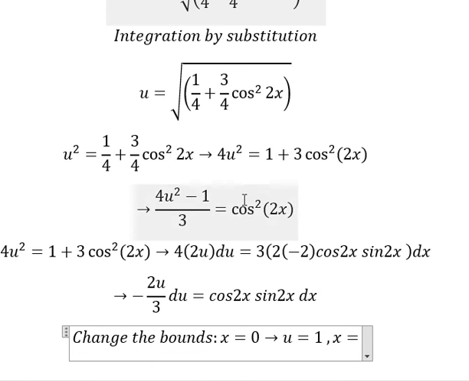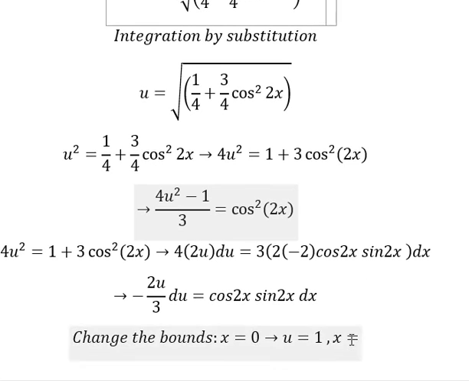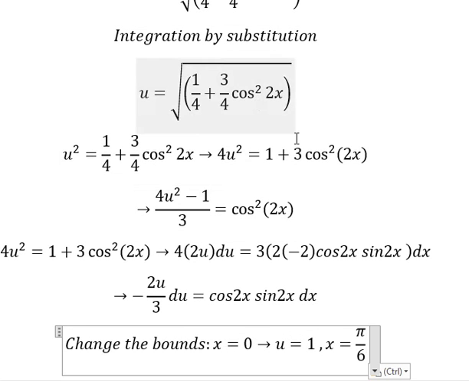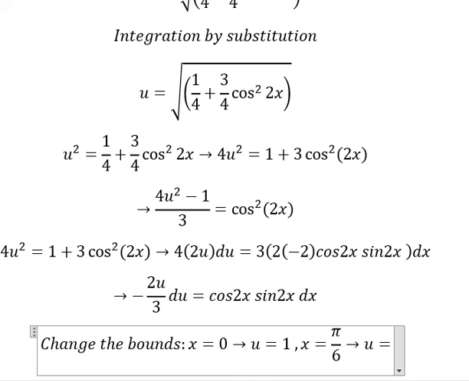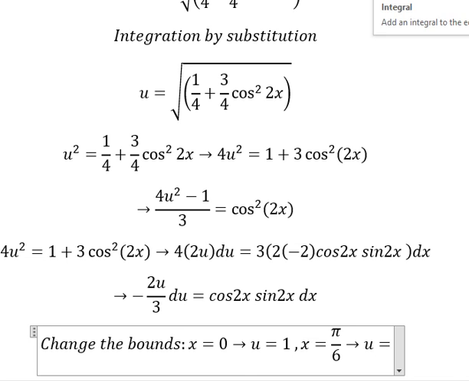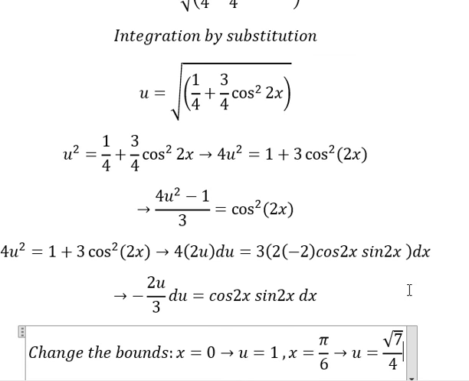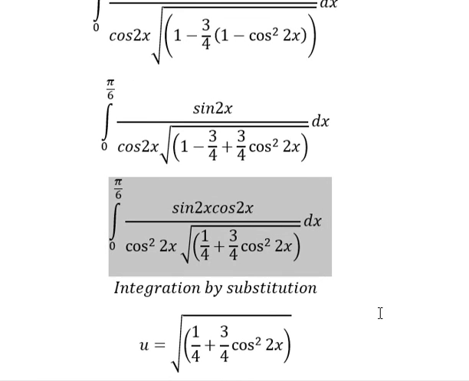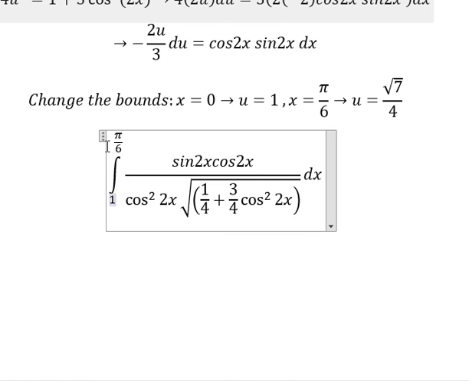When x equals pi over 6, we put pi over 6 in here and we have u equals the square root of number 7 over number 4. So number 0 we change for number 1. Pi over 6 we change for this one.